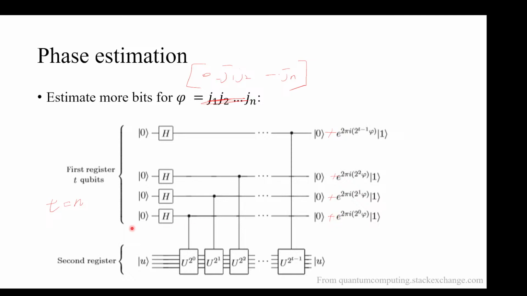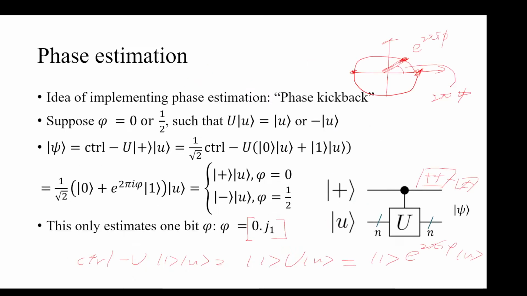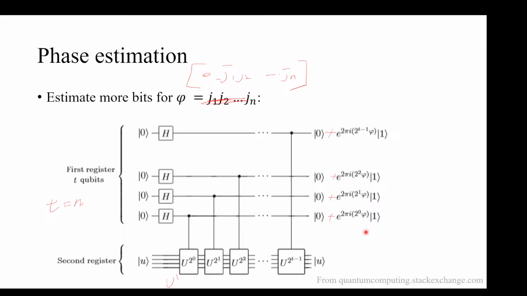Okay, and let's see for different qubits. Say for the last one, it's controlled on u to the 1. So this thing is u to the 1, and it's exactly the same as the previous circuit. With phase kickback, we will get e to the 2 pi i phi here, on the last qubit.